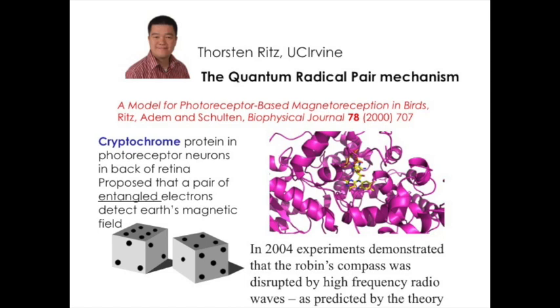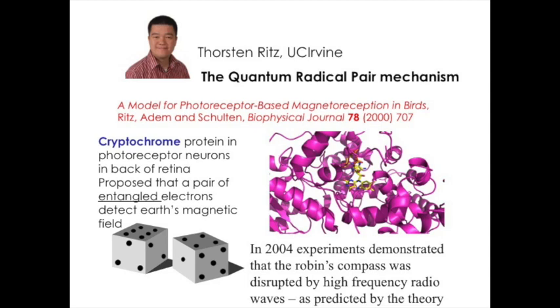Cryptochrome is a photoreceptor in our eyes and also in robin's eyes. It's a protein that will pick up light and detect light. And he proposed that the compass is due to entangled electrons that can detect the Earth's magnetic field.